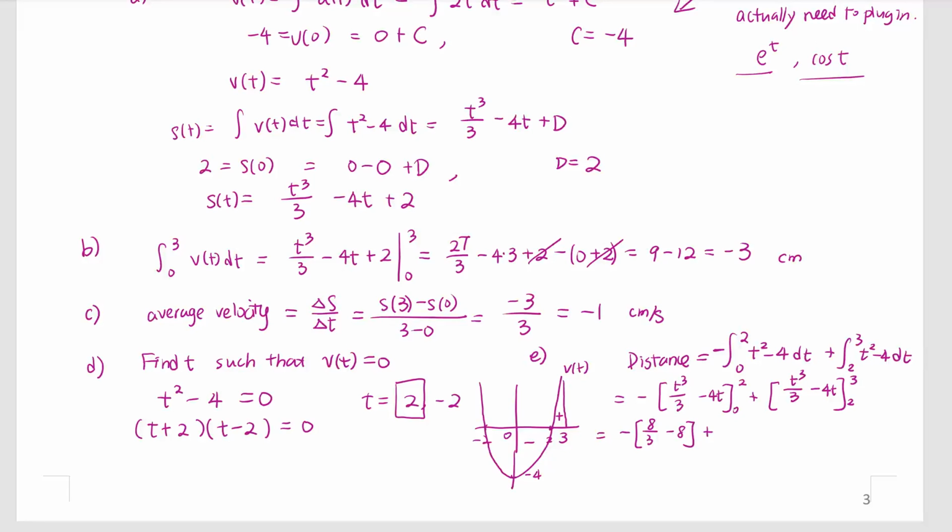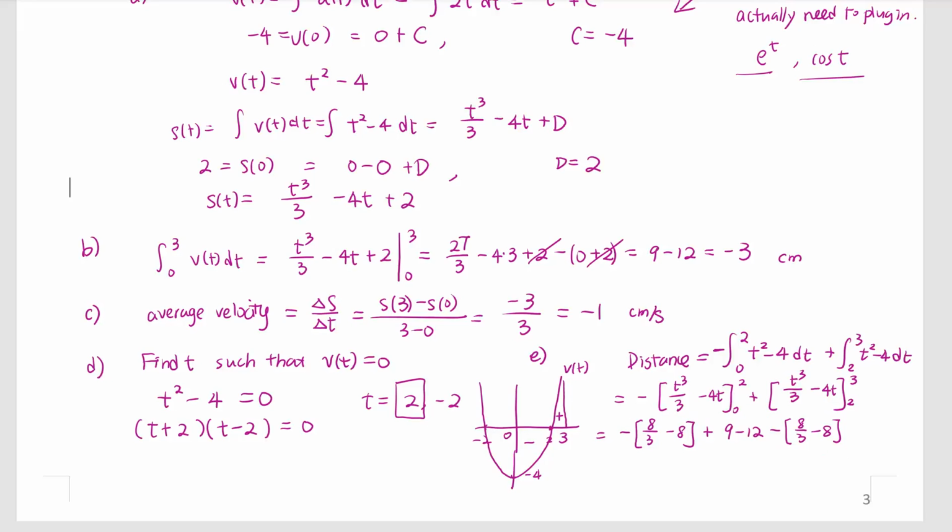And 3 cubed is 27. 27 over 3, that is 9 minus 12. And then minus, when we plug in 2, it is 8 over 3, and then also minus 8. So far, so good. You can see this one and this one, they are the same. They don't cancel out. Okay?